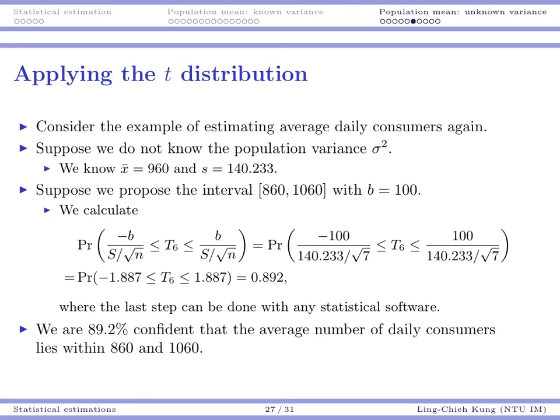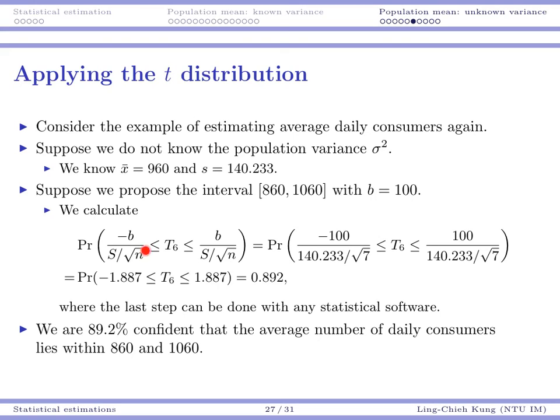That means I choose a half length of 100. Then I first note that my n is 7, which means I have a t distribution whose degree of freedom is 6.